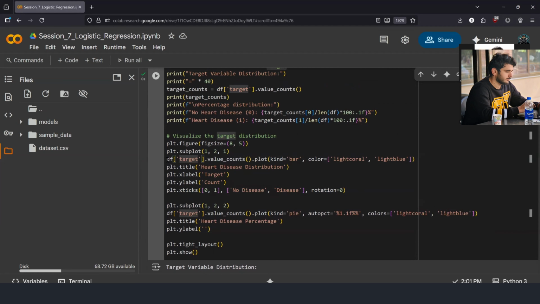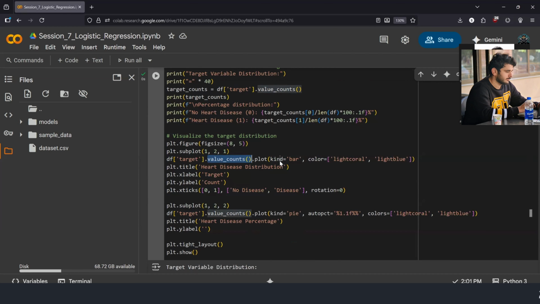So we take the target column from the data, get the value counts, and on that we call plot, specifying that it's going to be a bar plot, and we specify the color scheme here. If you want different colors like red and blue, you can just specify them here. You can also specify a different kind of plot. Like in the next section, we just created a pie plot. The rest of the code is the same.